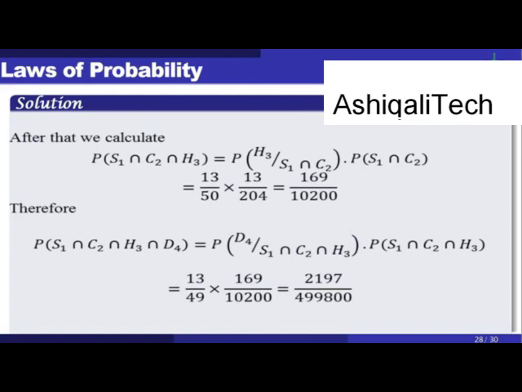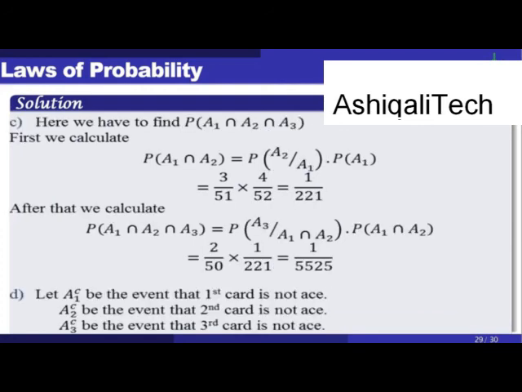So putting the values of the first probability, which is 13 by 49, times the second probability, which is 169 over 10200, we get 2197 divided by 499,800.